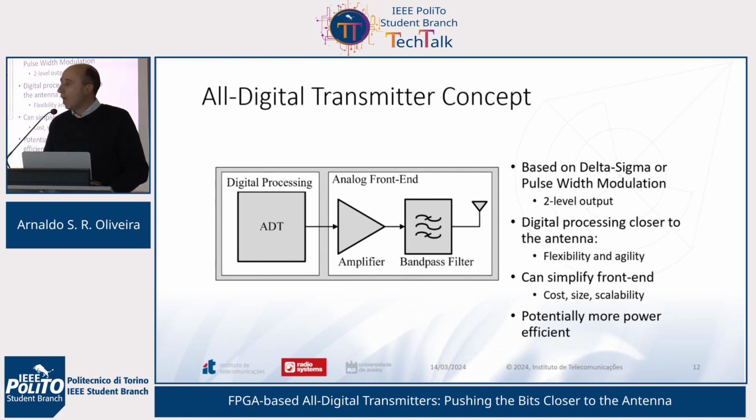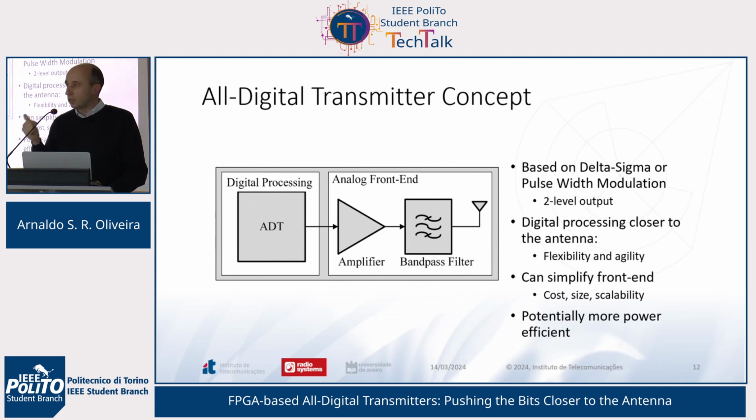radio link. Or with the vice versa approach, if we swap the filter and the amplifier, we put the filter first, and then we can use, I would say, any type of amplifier, including linear amplifiers. So the idea is to use a two-level output of the digital device, either delta sigma or PWM based.